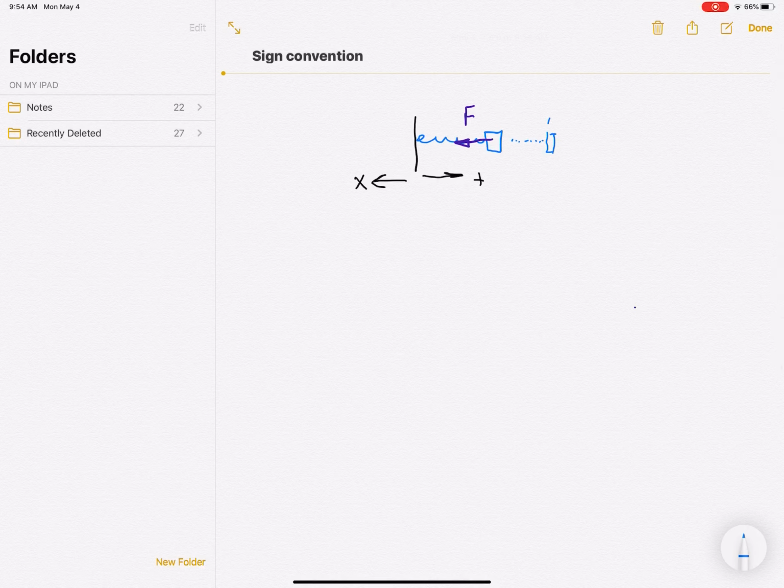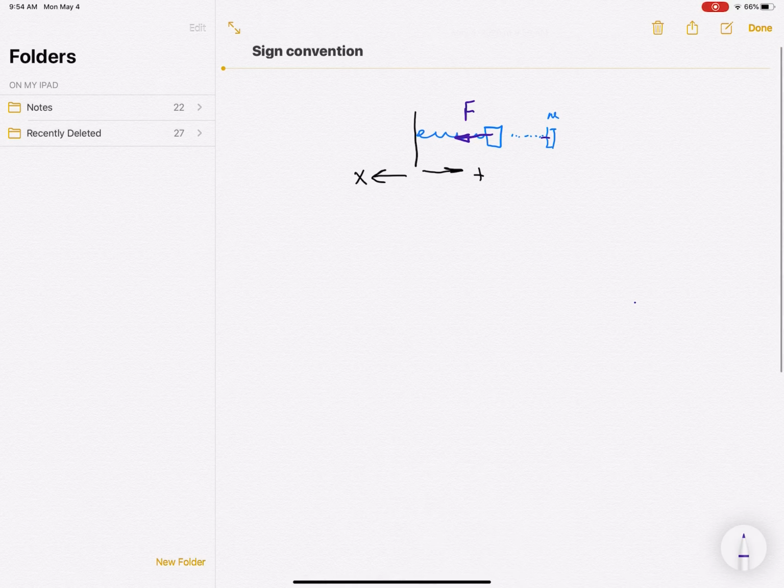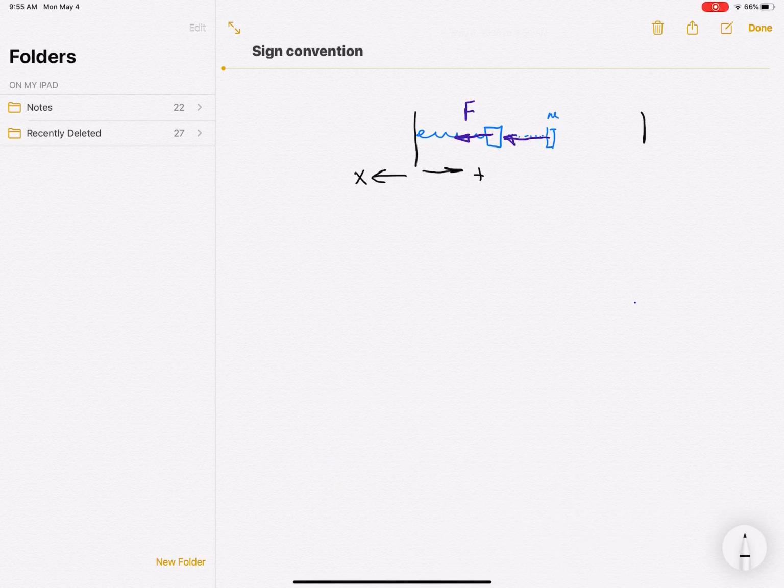And the mass gets further away, that force gets even stronger. We know this to be true because we have our old buddy Hooke's law, which tells us that the more stretch you put on a spring, the larger the force. But keep in mind, this is still all happening in the positive direction.